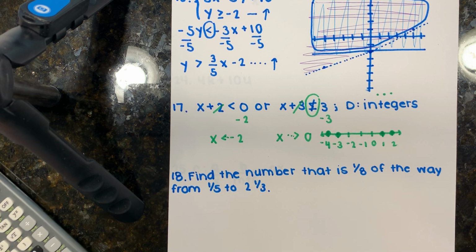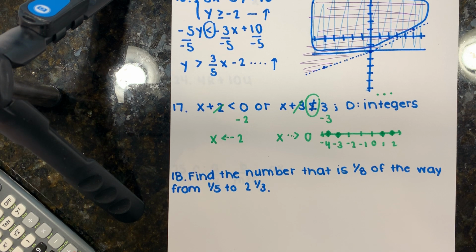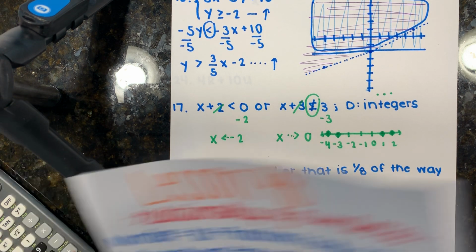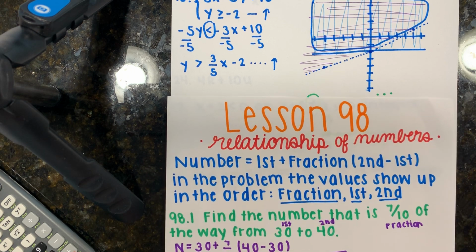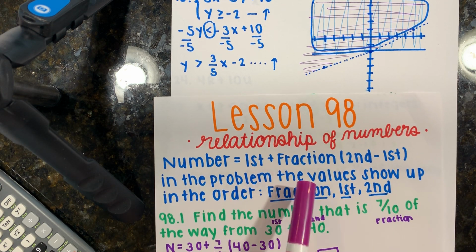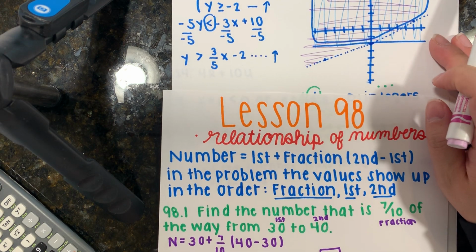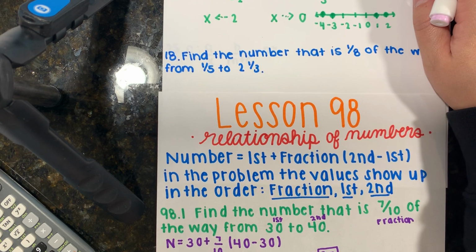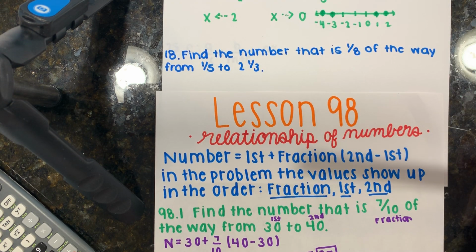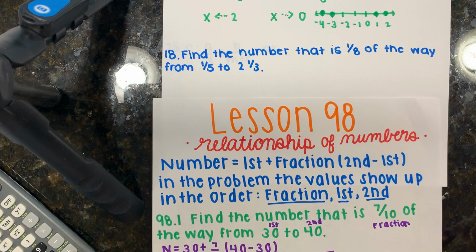Now looking at this next problem, which is finding the number that's a fractional distance away from 2 points. For that one, we have a formula that comes from lesson 98. The number is equal to the first number plus the fraction times second minus the first. And the order in which the numbers show up is fraction, first, second.